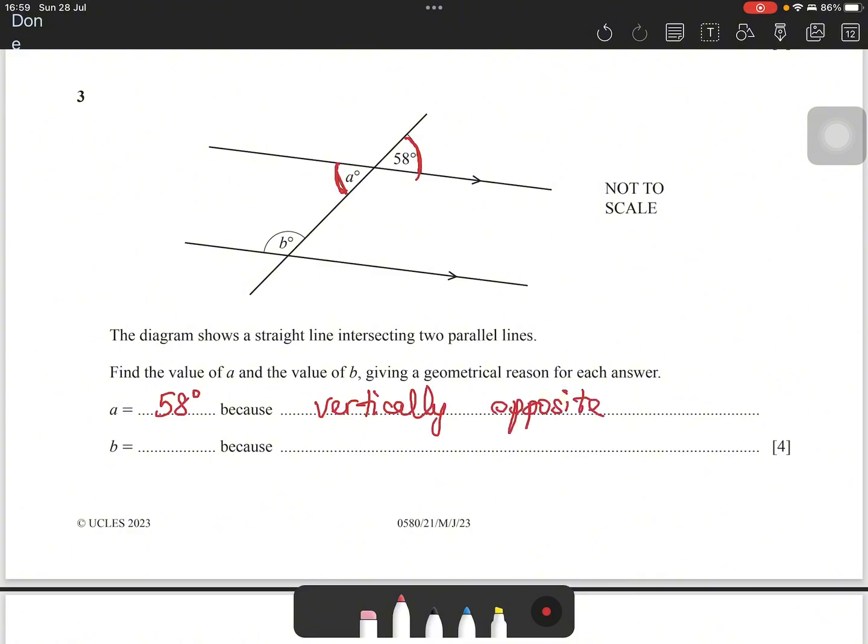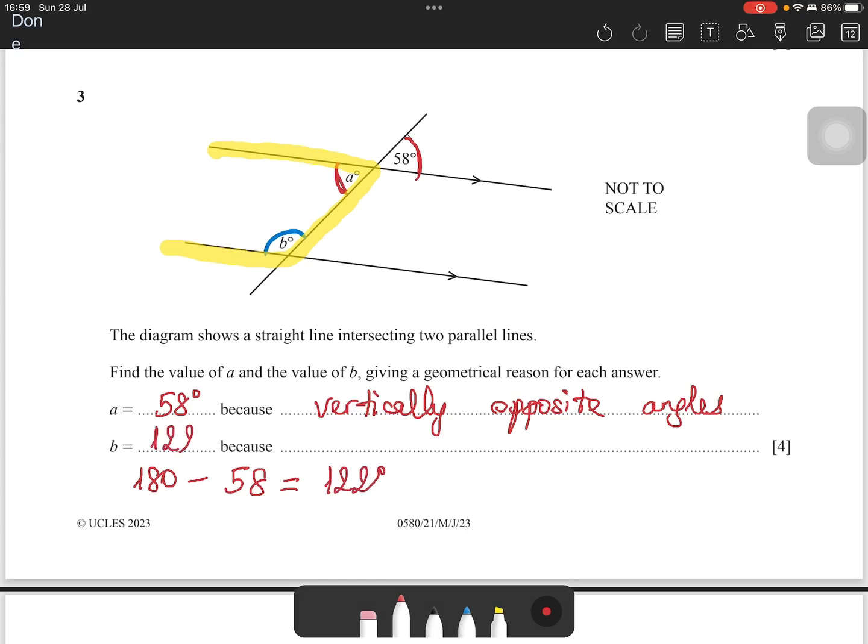And then we find the size of the angle B. B and A are co-interior angles. Here it is. They are co-interior angles, so they will add up to 180 degrees, which means B is equal to 180 minus the angle A equals 122 degrees.